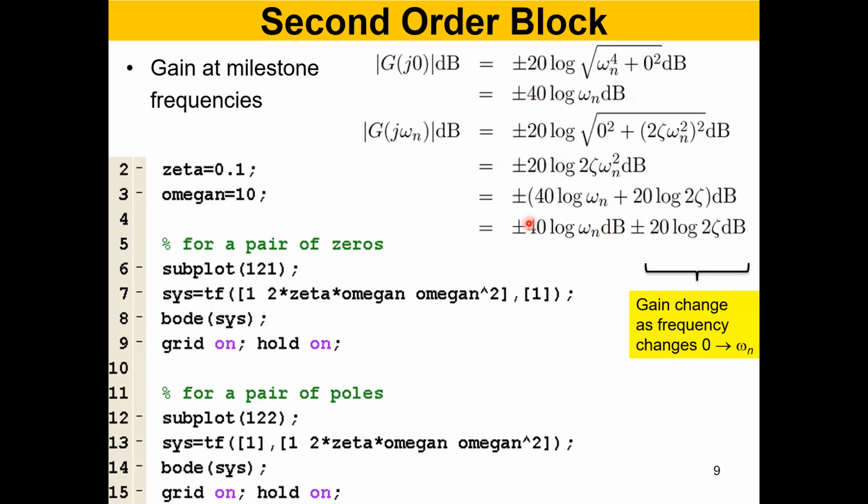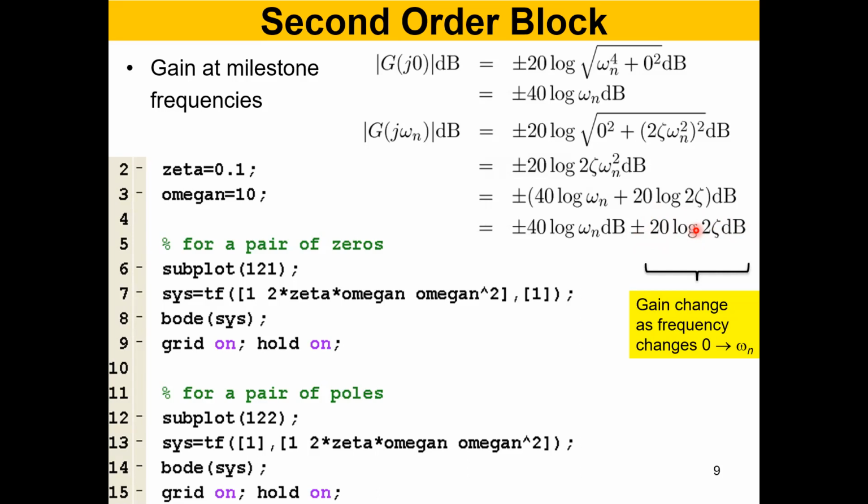You can see the same gain here when omega equals omega n, but in addition, there is this additional 20 log 2 zeta dB. So this is the additional amount when omega equals omega n. When you excite a block with exactly the same frequency, that is the natural undamped frequency of the block, you get this additional gain.